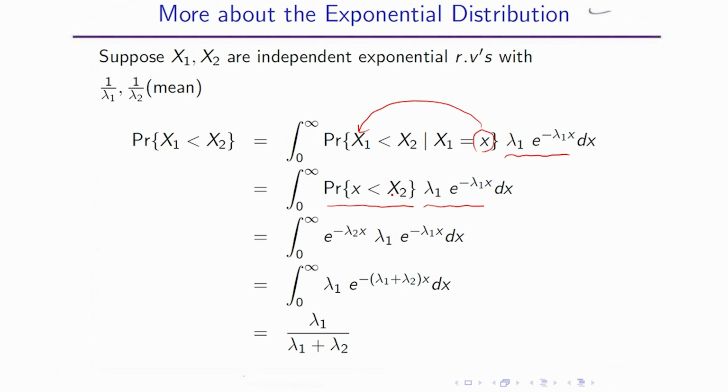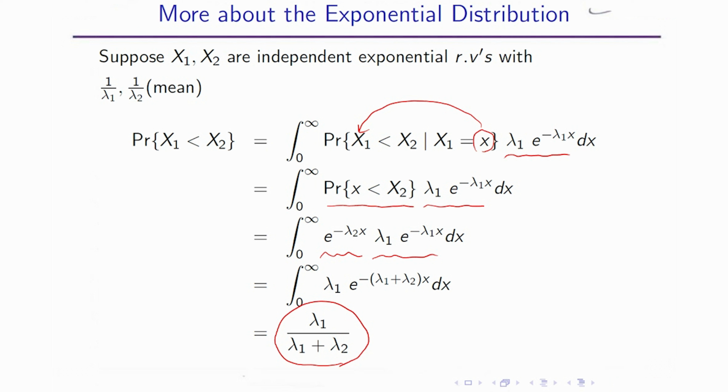And because X2 is an exponential random variable, the probability X2 greater than little x will be exponential minus lambda 2 x, times lambda 1 exponential minus lambda 1 x, then integrate from 0 to infinity dx. Then it turns out that the probability of X1 less than X2 will be lambda 1 over lambda 1 plus lambda 2.